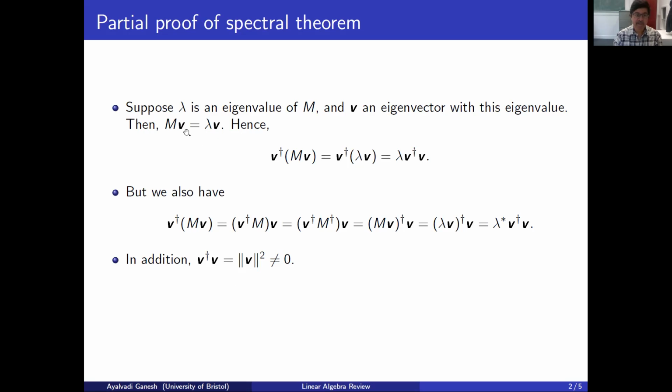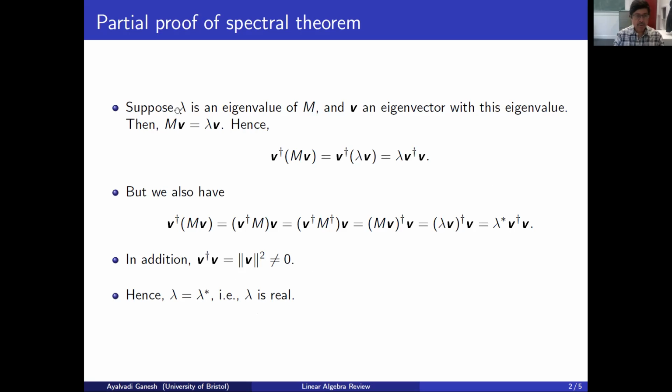The zero vector never counts as an eigenvector. So V is a non-zero vector, its squared norm is non-zero, and so we can cancel that and conclude that lambda is the same as its complex conjugate, and the only complex numbers for which that's true are real numbers.